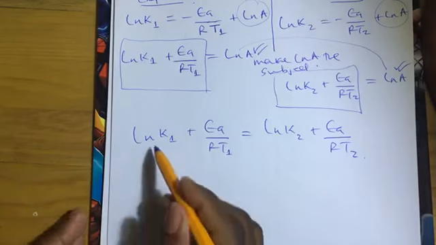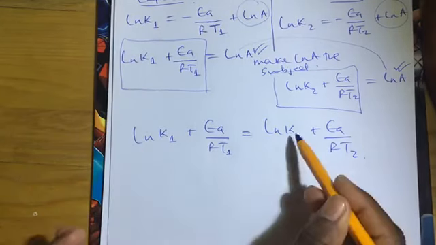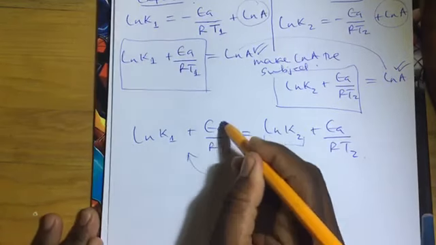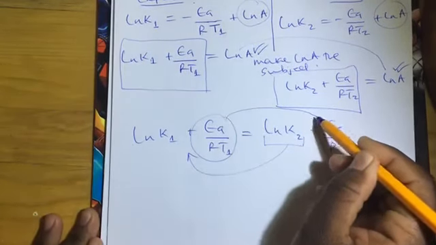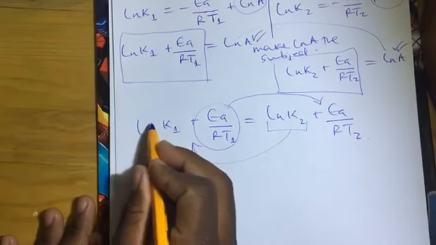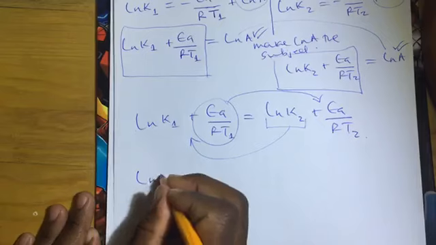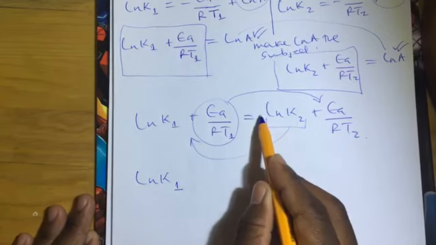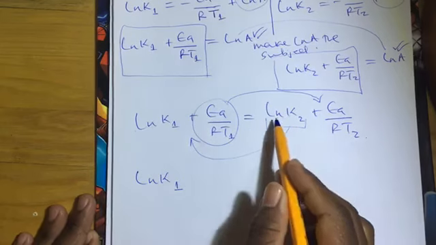Excellent. So I want things that have ln K to be on one side. So this is going to come this side, and this is going to come this side. I'm going to write this ln K will not move. So this is going to be ln K1. This ln K was positive. When it crosses over, it's going to become negative.